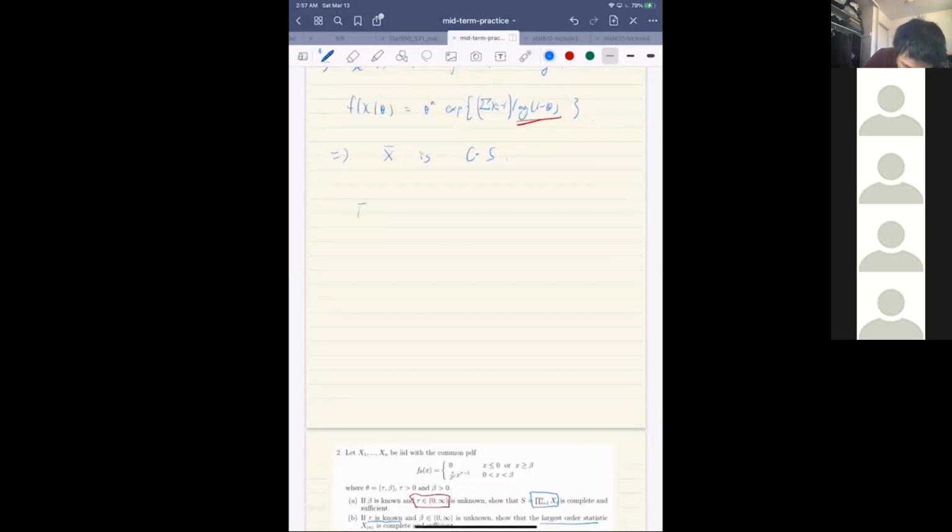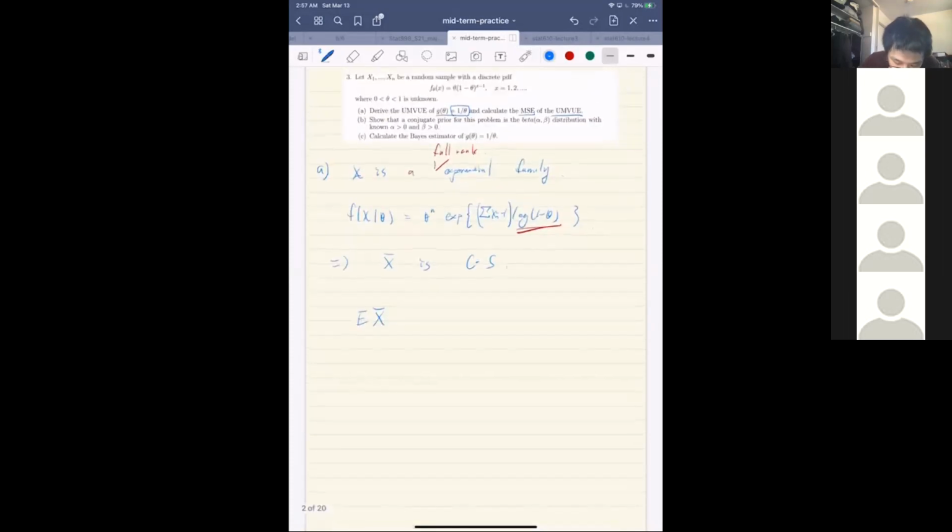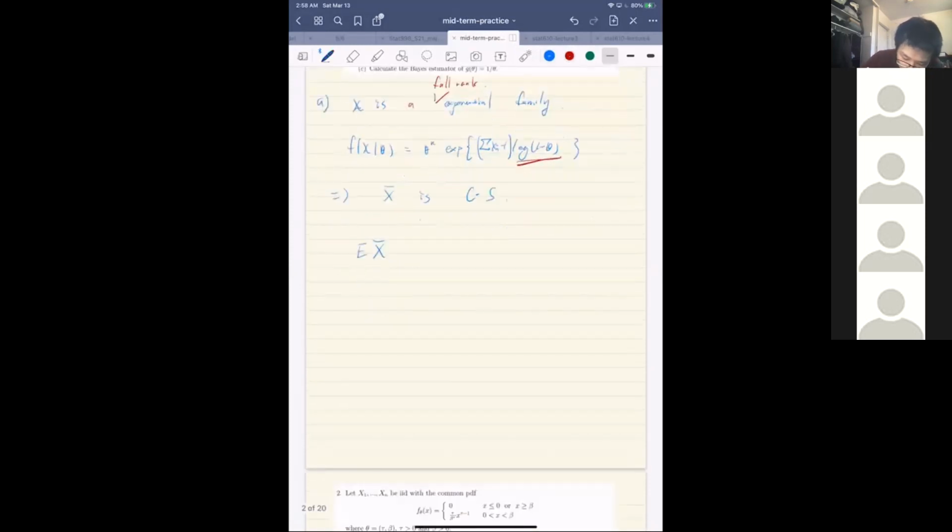So first, let's find this. Also, you can see that this is a geometric distribution. The average of this geometric distribution is equal to 1 over theta.